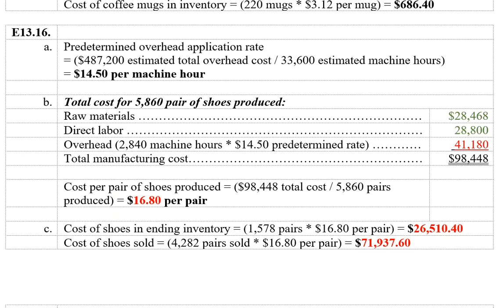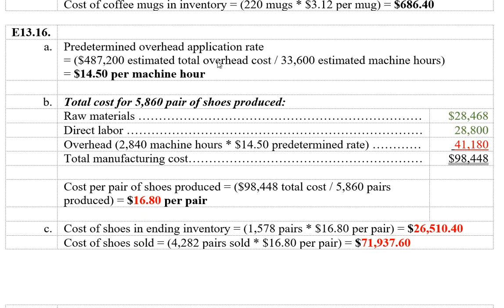But overhead is much, much harder because it's all these indirect costs that are just flowing into your whole entire accounting system, and you're having to shuffle a little bit to keep up with how much we want to apply into work in process in order to have an estimate of what our costs are going to be. So manufacturing concerns do this all the time, projecting cost with an estimate.